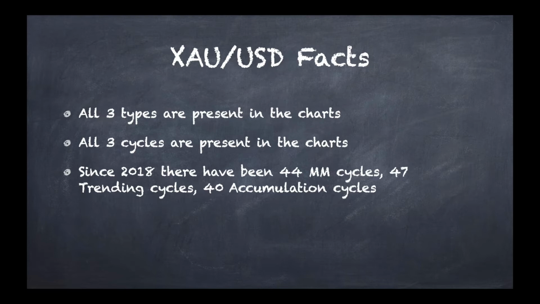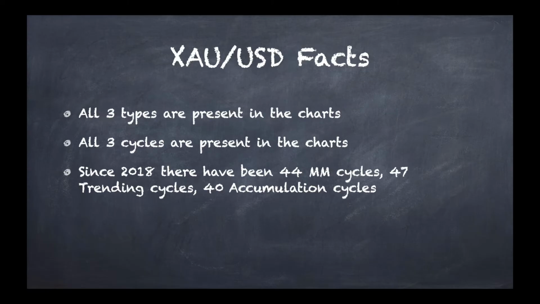Now, a couple of facts about the cycles. Since 2018, there's been 44 market maker cycles, 47 trending cycles, and 40 accumulation cycles. Those are the facts.